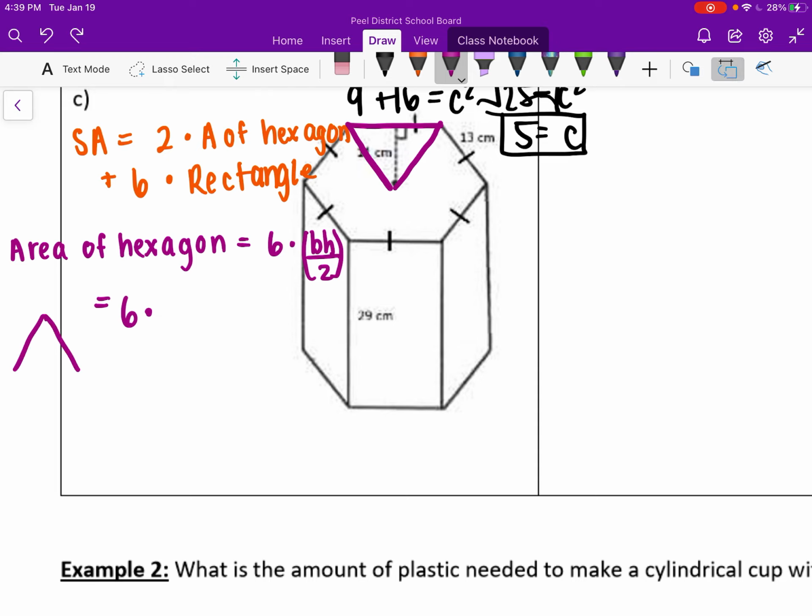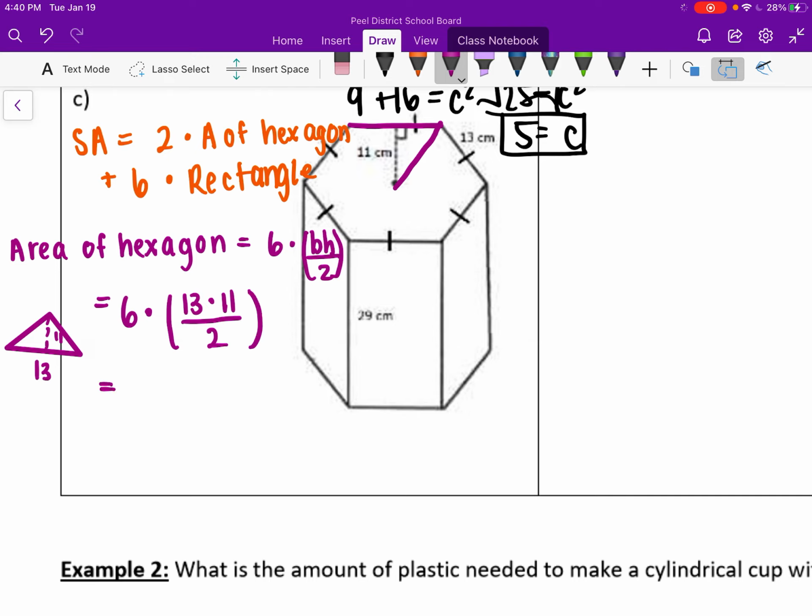The base is 13, and the height is 11. So you can see it there, base 13, height 11, divided by 2.